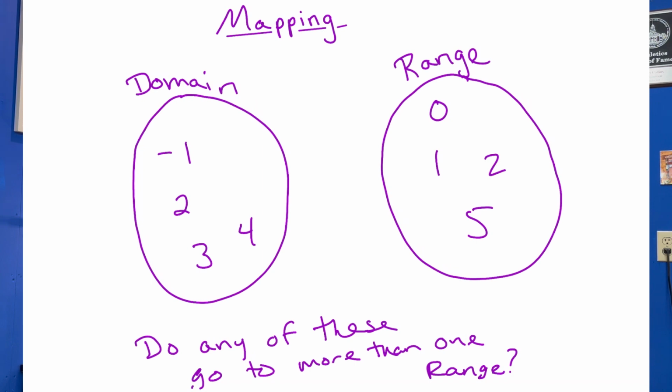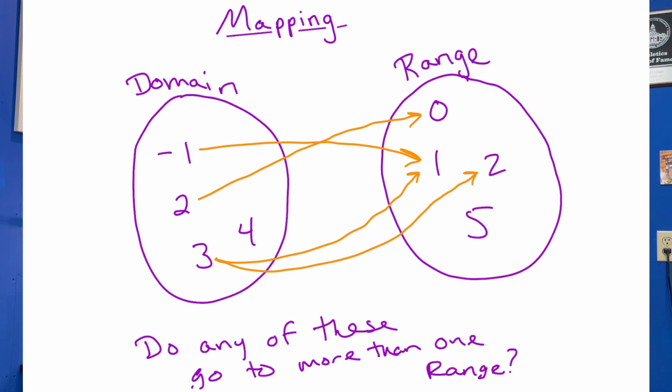I've simply put them in numerical order, but now I'm going to draw arrows to show what input goes to which output. So -1, I'm going to draw an arrow to 1. 2, I'm going to draw an arrow to 0. 3, I'm going to draw an arrow to 1 and a second arrow to 2. And then 4, I'm going to draw an arrow to 5.